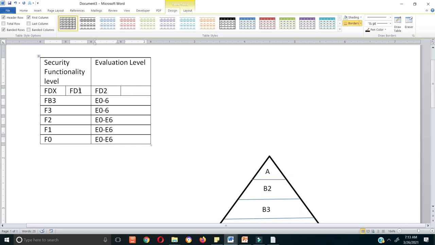Any FD system is higher than an FB3 system, so all FD systems must have implemented functionality of the lower levels. That is true. But an FDX system does not necessarily implement functionality in an FD1 system.